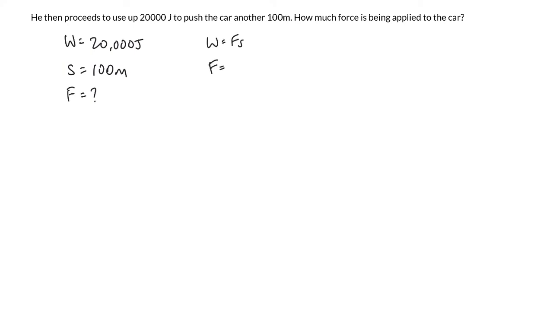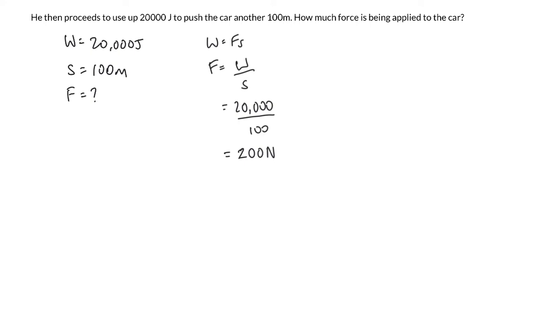Rearrange that equation: F is equal to W over S. Then you will have the work, 20,000 over 100, which happens to be equal to 200 newtons. Okay, so he's pushing with a lot less force. Maybe he's found a buddy to help him push, but that's why he can use much less energy.